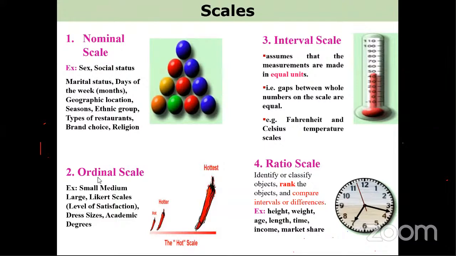And the ordinal scale: see the image itself, the heart scale. What is the size of this one? This last one is very small, this one is somewhat bigger, and as it increases, this also becomes bigger. That means we are making a ranking here.